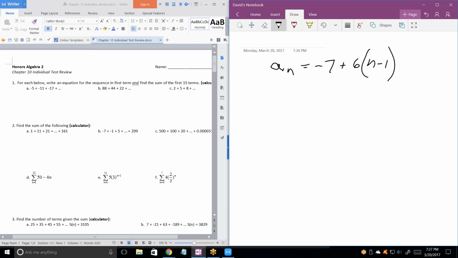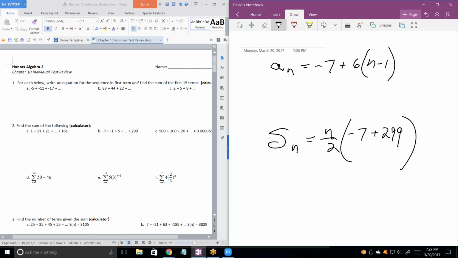Okay. Now, what's the next step? To find how many terms. Well, give me what S sub n is going to be. Okay, it's n over 2, and then -7 plus 299, or first term plus last. Yep.